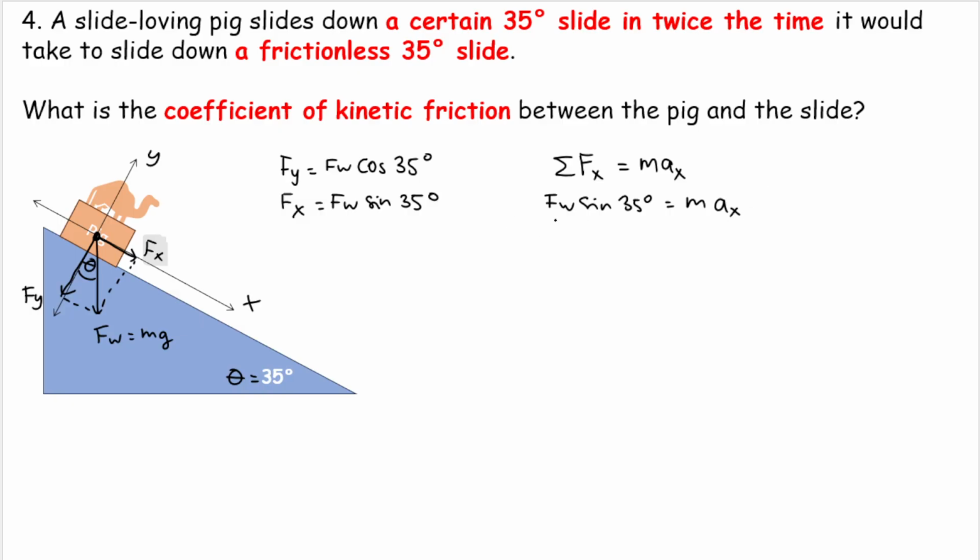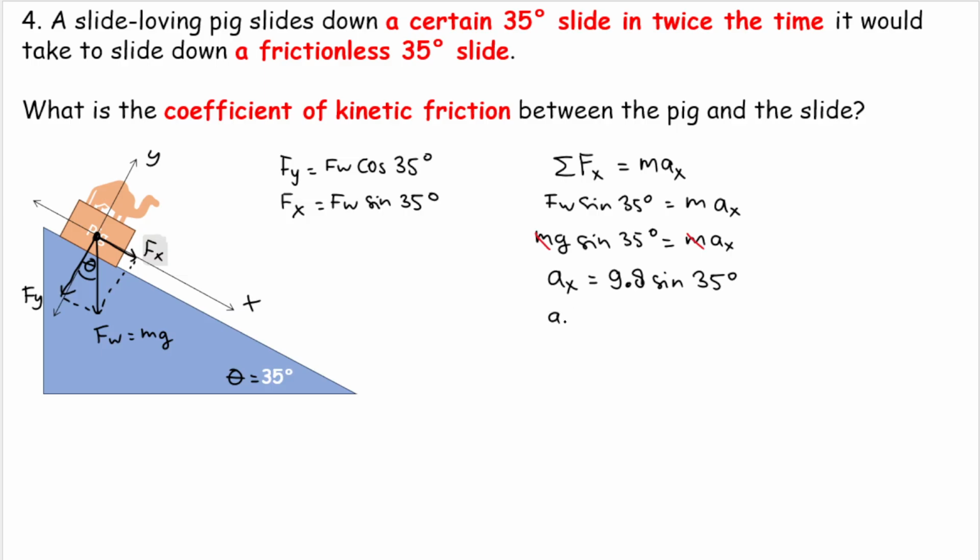But the force by the weight is m times g, right? So I'll have mg sine 35 degrees equals the mass times ax, and the mass cancels. So the acceleration in the x direction is g sine 35, which is 9.8 multiplied by sine 35 degrees.